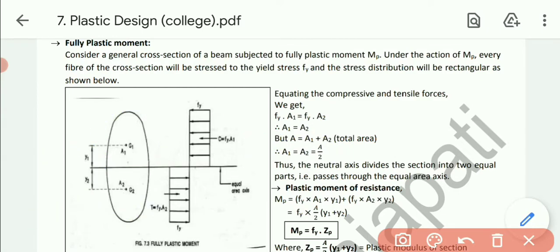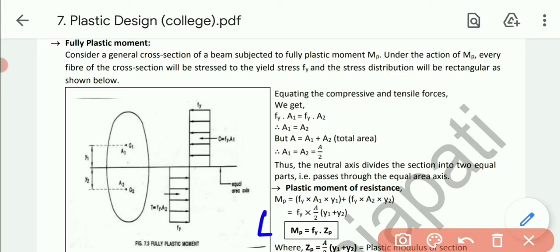Thus the neutral axis divides the section into two equal parts, the equal area axis. So the plastic moment resistance Mp equals Fy A1 y1 plus Fy A2 y2. Taking Fy as common, and A1 and A2 both being A by 2, we get A by 2 into the bracket y1 plus y2. Here y1 and y2 are the centroids of the areas above and below the neutral axis.